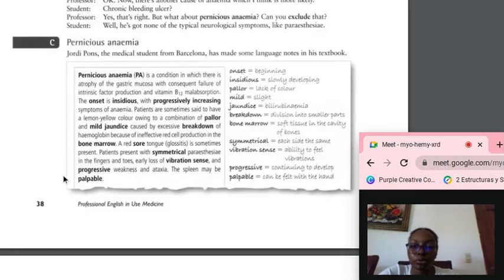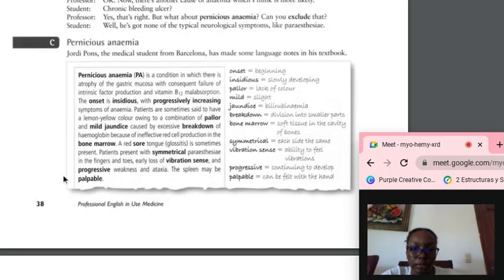A red, sore tongue with atrophy is sometimes present. Patients present with symmetrical paresthesia in the fingers and toes, early loss of vibration sense, and progressive weakness and ataxia. The spleen may be palpable. Onset: beginning. Insidious: slowly developing. Pallor: lack of color.